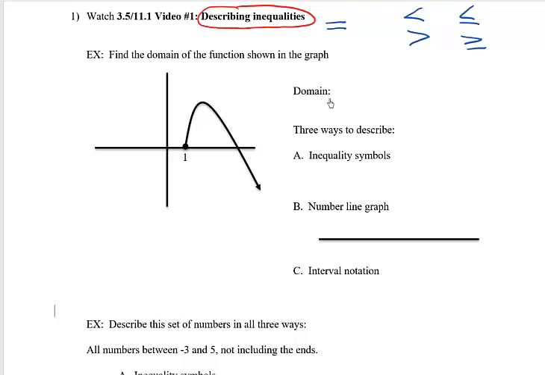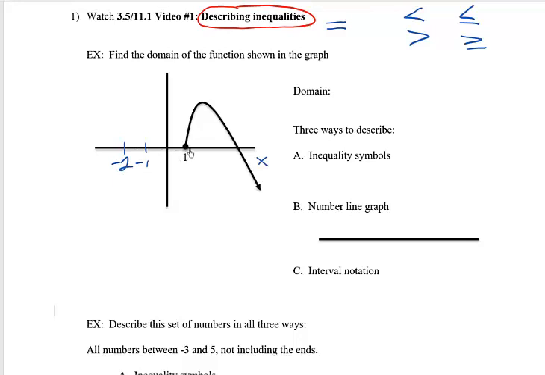If I were to ask you what the domain is of this function, that's an idea we've practiced before. Remember, domain is just a list of all of the x values that ever show up on this graph. There are a lot of x values that never show up, like -1 and -2. Even 0 is not on the graph.